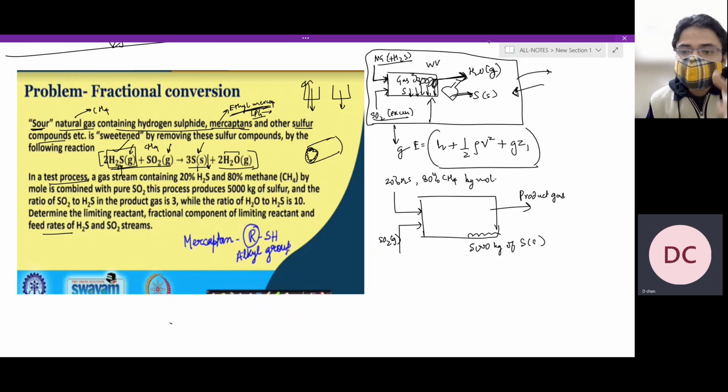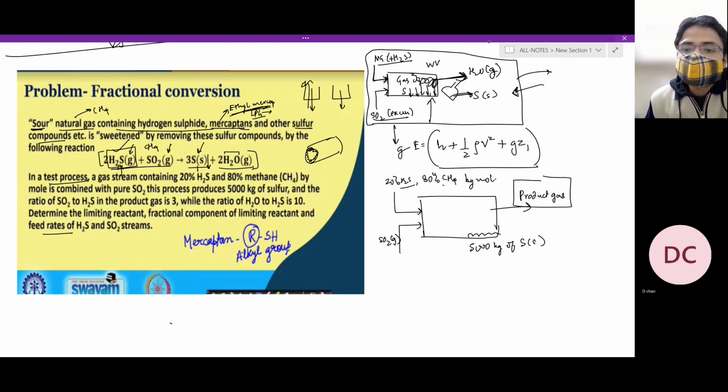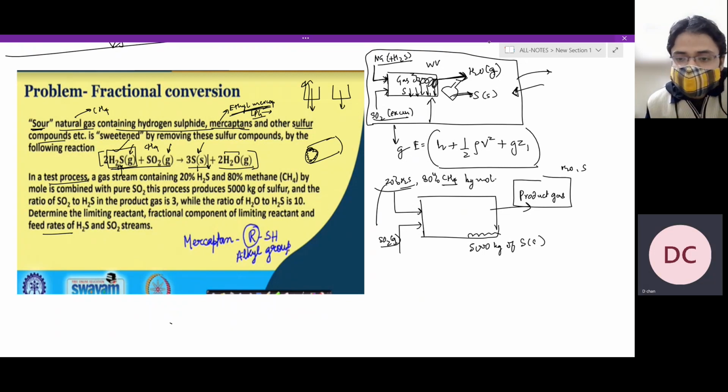That implies that in the product gas, you'll not be having any hydrogen sulfide or methane or SO2 or anything. You'll only have water vapor and sulfur. However, if I do not supply these parts in their stoichiometric ratios, then obviously the excess gases, maybe this or maybe this, will just get flushed out along with the product gas.